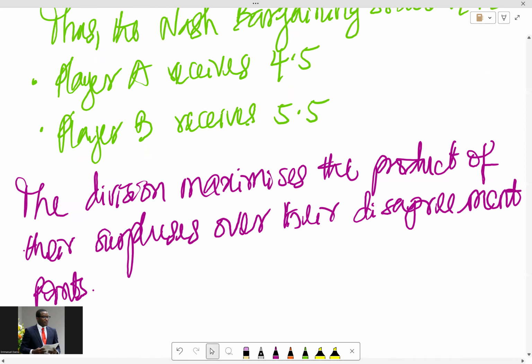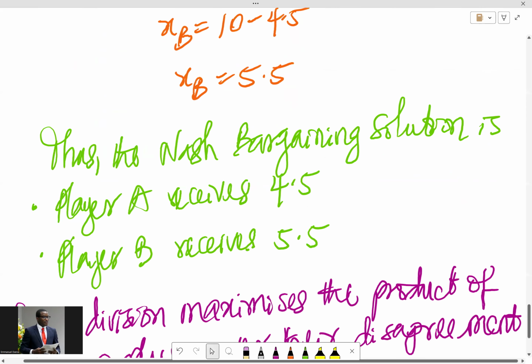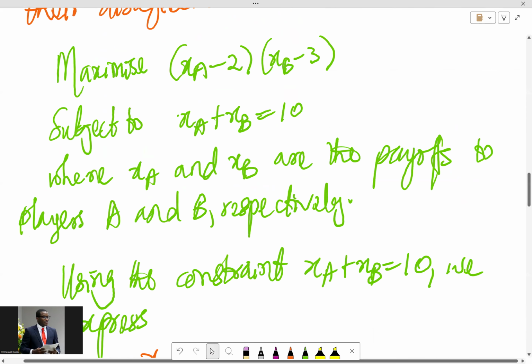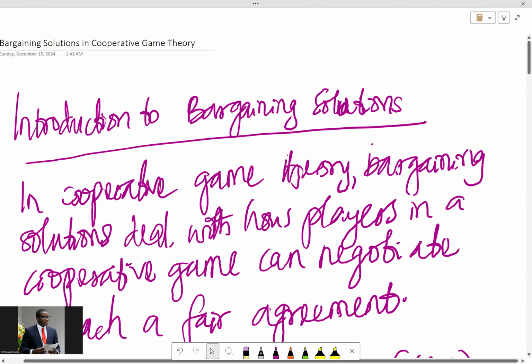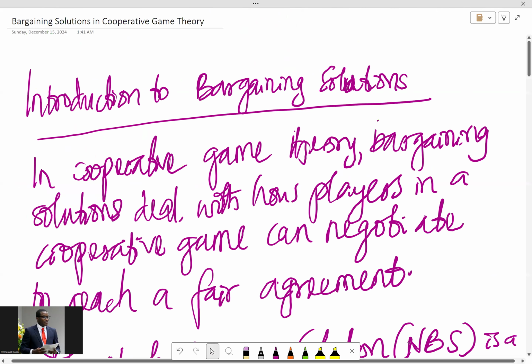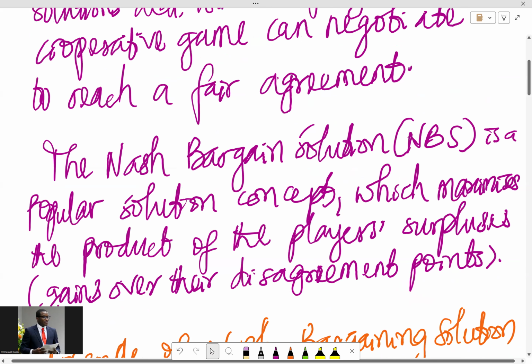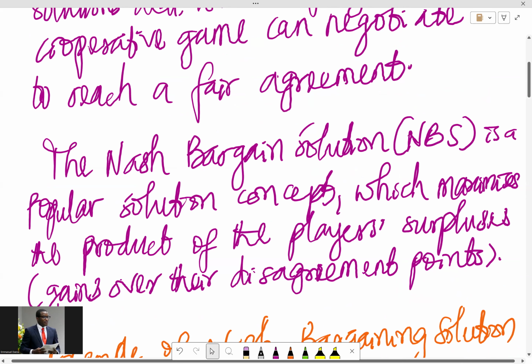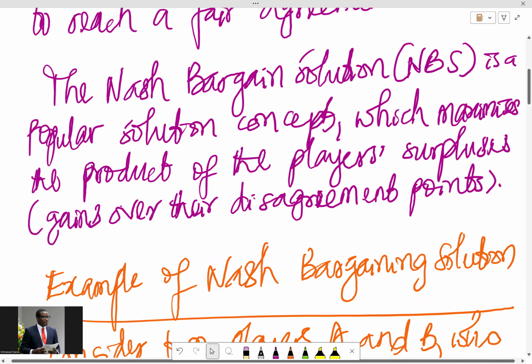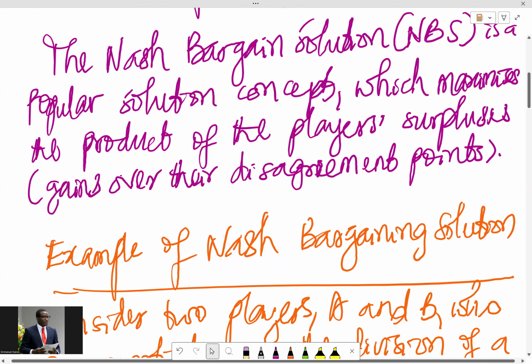All right, so with this, we come to the end of bargaining solutions in cooperative game theory. Like we said, bargaining solutions deal with how players in a cooperative game can negotiate to reach a fair agreement. We do this using the Nash bargaining solution, a popular solution concept which maximizes the product of the players' surpluses, which are their gains over their disagreement points.